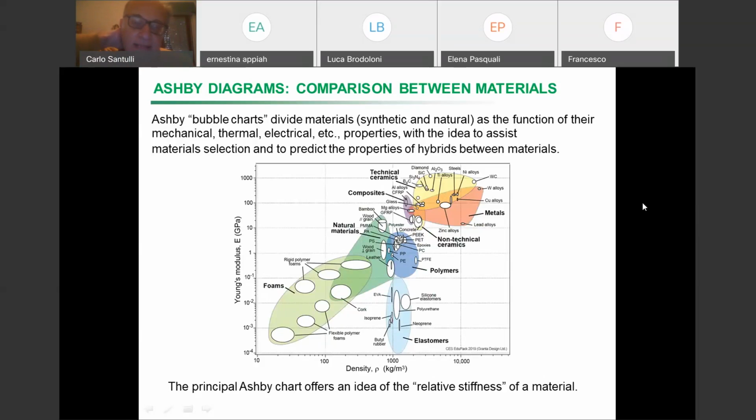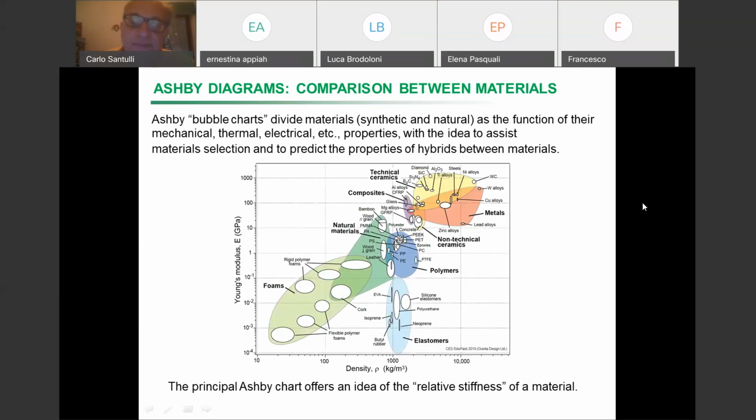The so-called Ashby's charts are characteristic for their structure made with bubbles. And bubbles collect the data from one particular family or single material.